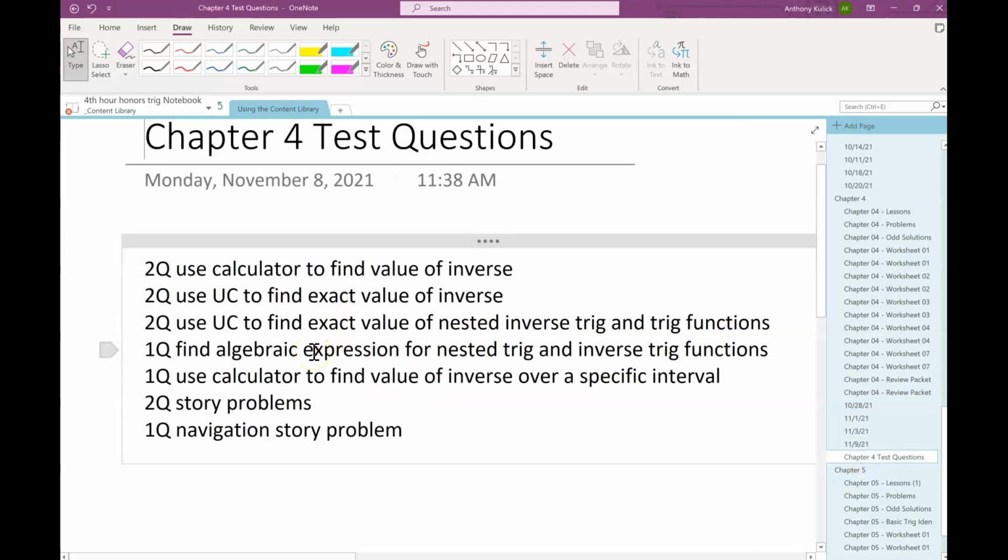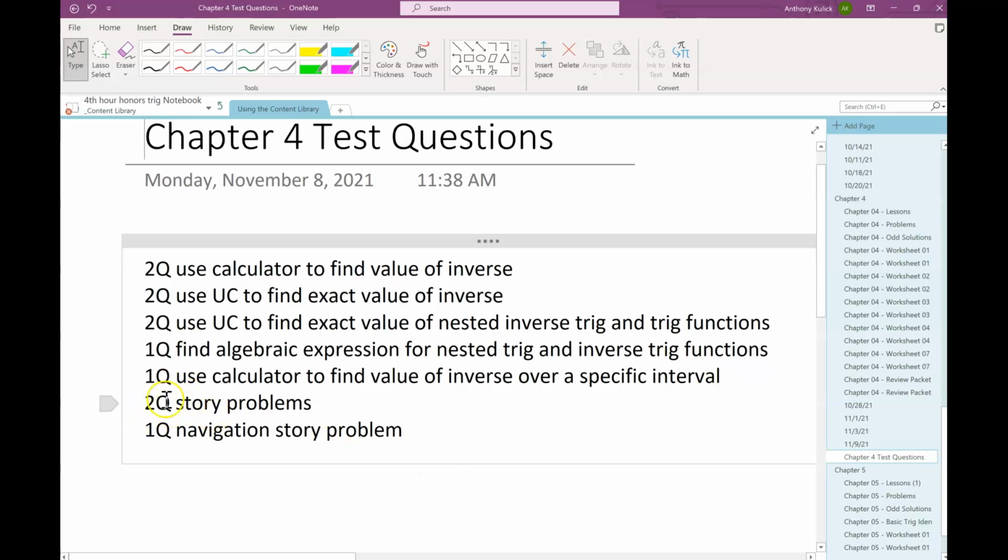One question where I ask you to find the algebraic expression for a nested trig function and inverse. This is like worksheet 4. Use the calculator to find the value of an inverse over a specific interval. That's like worksheet 2.